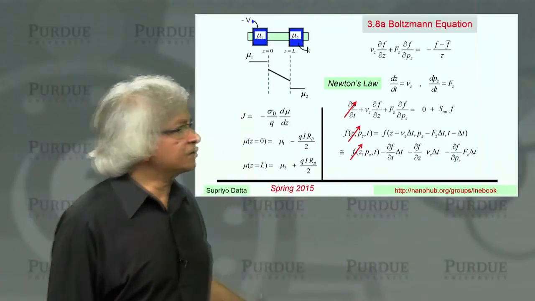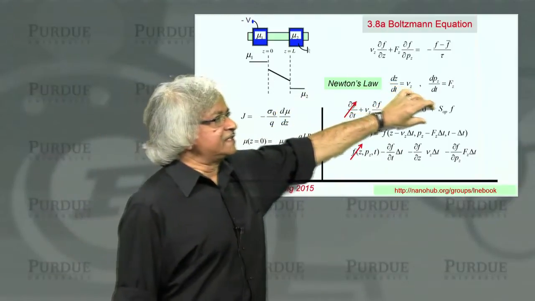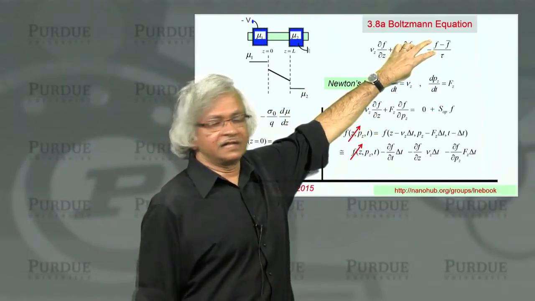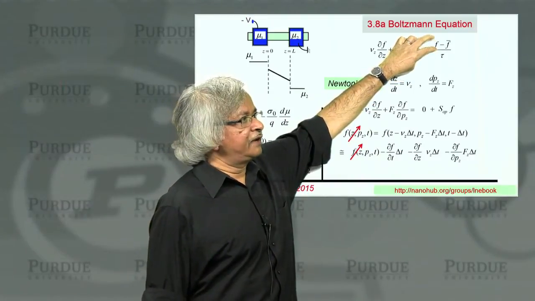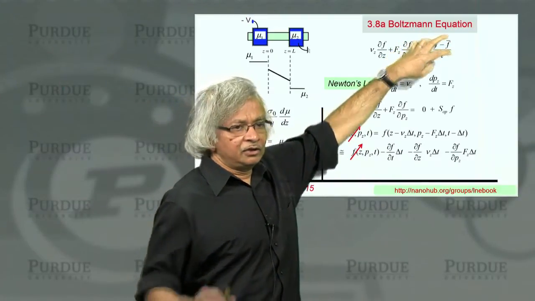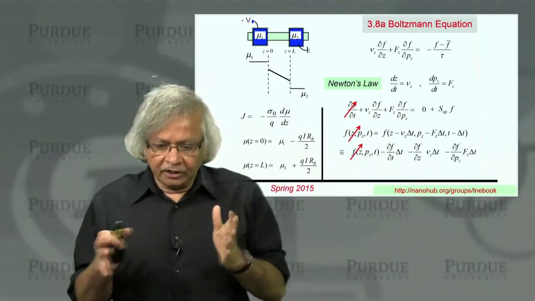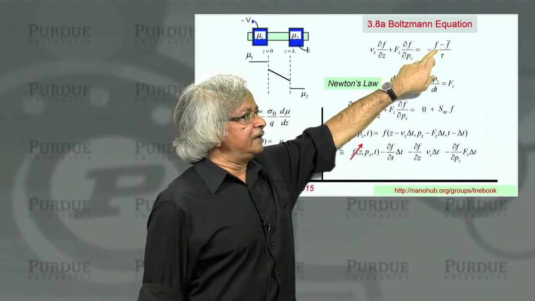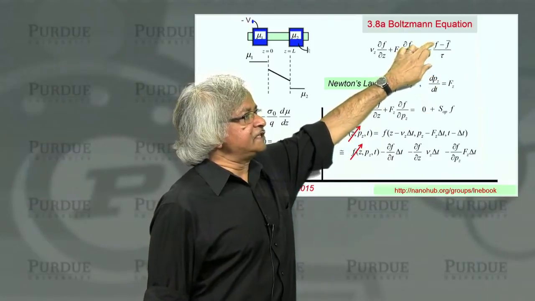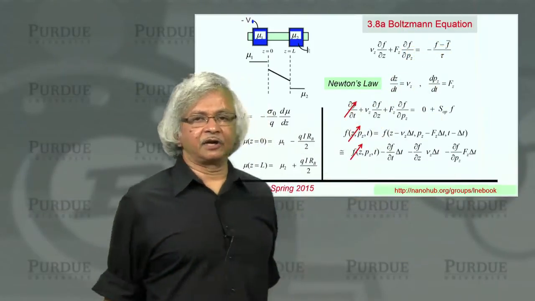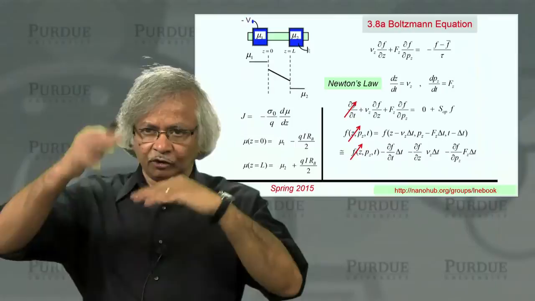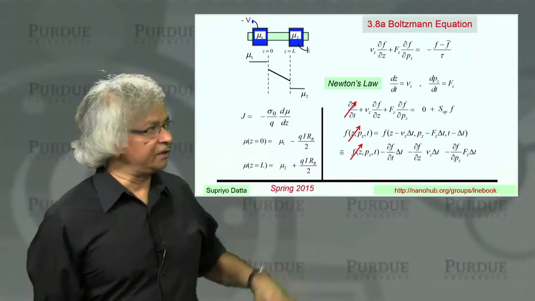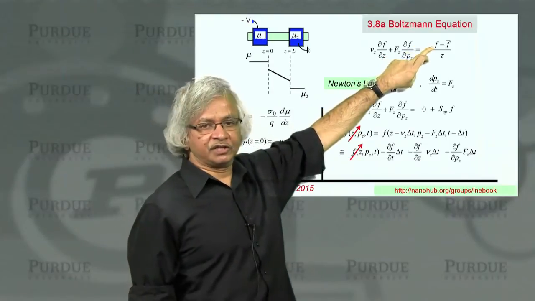Of course, the precise nature of the scattering operator requires a lot of discussion in general. For our purpose, we'll assume a very simple form for this scattering operator. We'll assume that all the scattering does is take the F and try to restore it to a local equilibrium F, which we call F bar. So if F is equal to F bar, then the scattering processes do nothing. That is, if locally the distribution looks like equilibrium, the scattering processes won't do anything and it will go to 0.